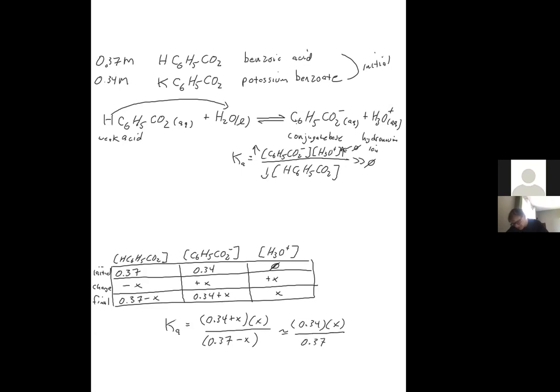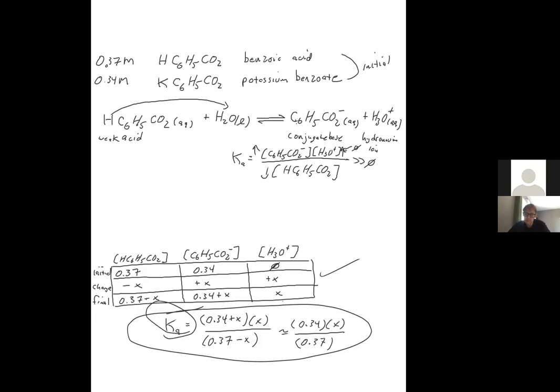They're not asking us to do this step here. You don't have to do this step that I'm doing down here, but we will do those types of problems later on. So in any case, that's how you would use this table. You would then have your 0.37, 0.34 and your X, and that expression would be equal to Ka.